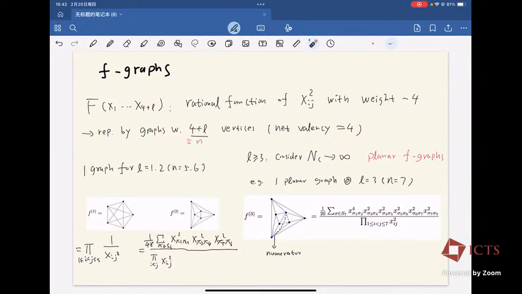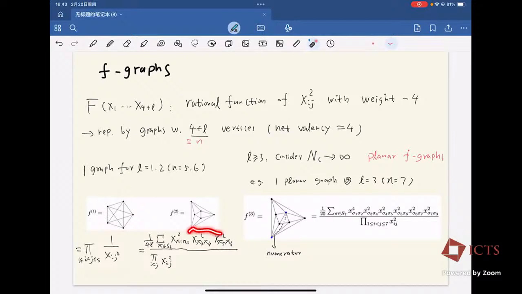So just by knowing that the thing should be symmetric in the 4 plus L points. Remember, when I draw these graphs, I never label who is 1, 2, 3, 4, 5. This graph represents a permutation sum over all possible labels. So this term is just the product of all xij squared. It's a complete graph for 5 points.